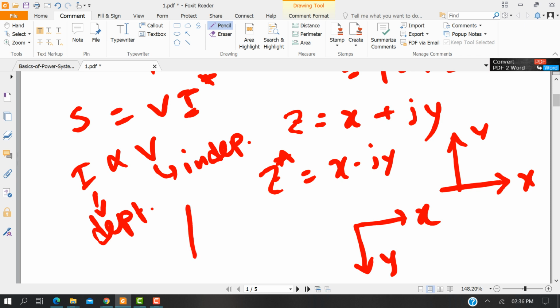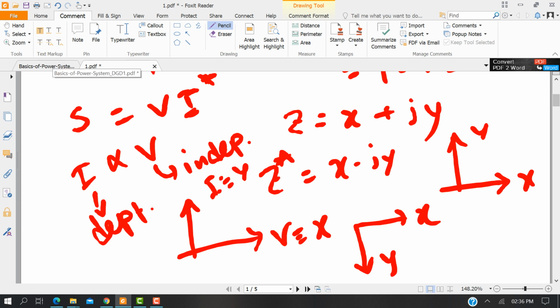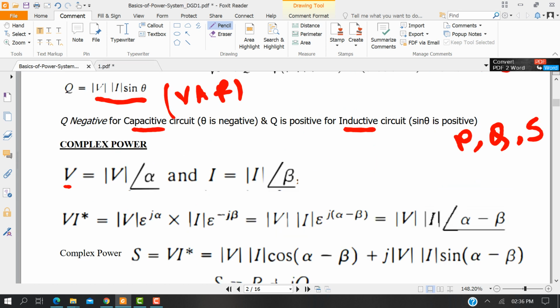If I plot the graph here, I and V, you just compare: I is equivalent to y, V is equivalent to x. So if I put the conjugate on V, there is no sign change. So the conjugate sign must be put on the vertical axis. Okay, so go back. Right, so the conjugate sign, the sign is changed.